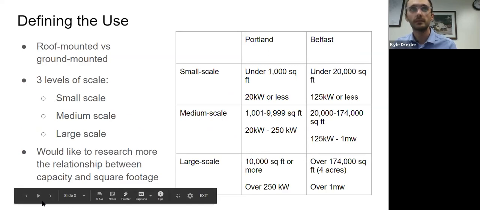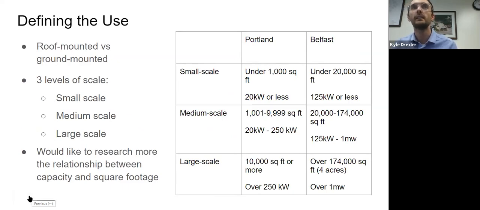So takes us on to this slide, defining what the use is. You don't want to just create a single line in the table of uses that says solar panels or solar energy systems or whatever, because there's such a varying degree in the scale from someone putting a few panels on their roof as an accessory use to their home, to a large multi-acre solar farm that's dealing more on a commercial basis.